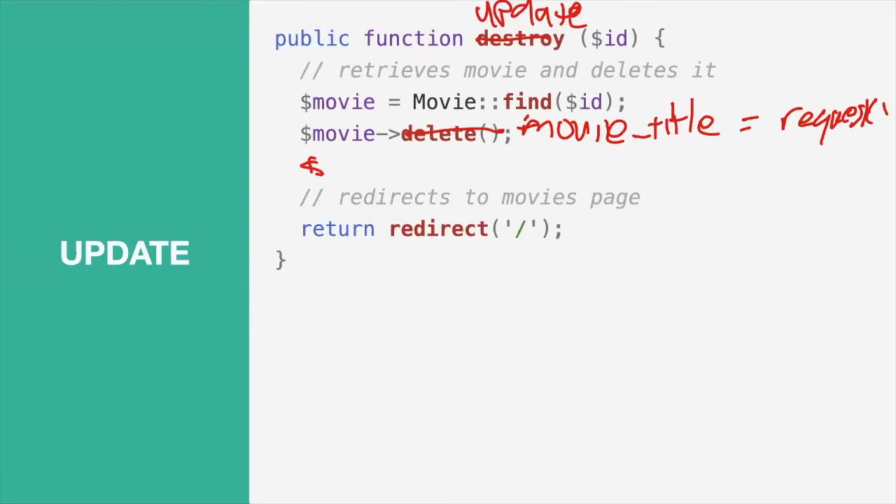And then we do the $movie arrow here, and then save. And just like it created the movie when there was a new movie being created, save will update the movie for us. And then we're going to redirect. In this case, we'd probably redirect to that movie page.